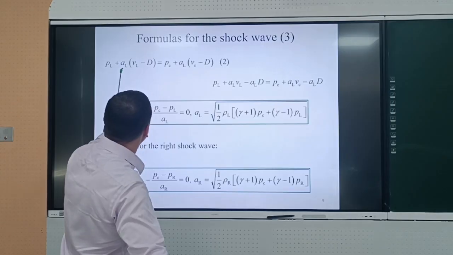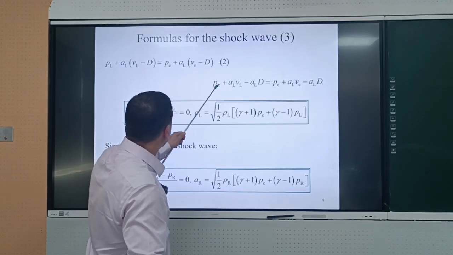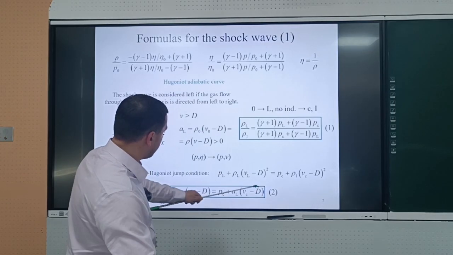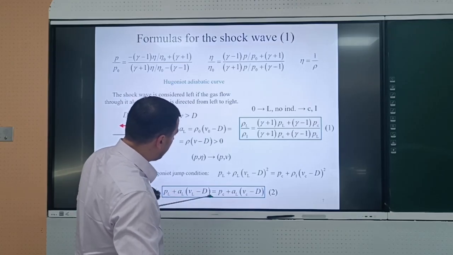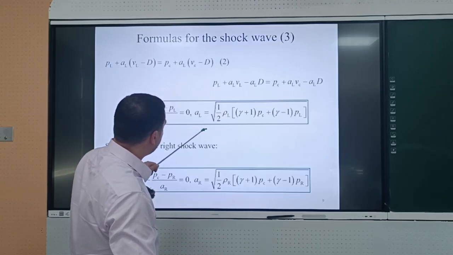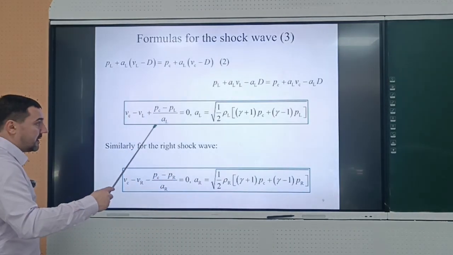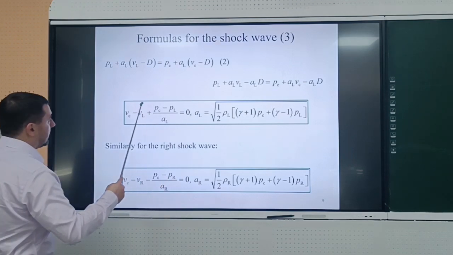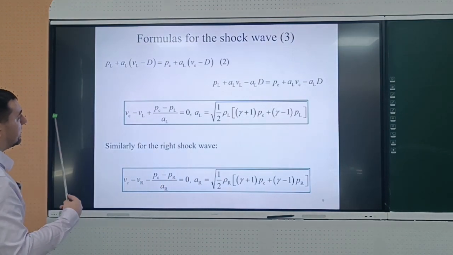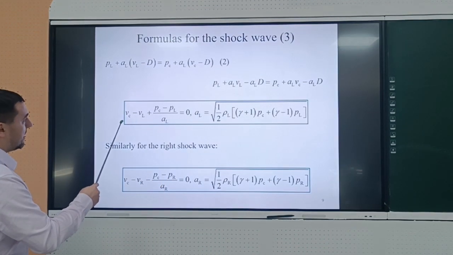Okay, so we expressed A as a function of pressures, and then we can take this expression for the momentum conservation law and put this A here, and now we obtained this simple formula written for the shock wave, but in terms of pressure and velocity.